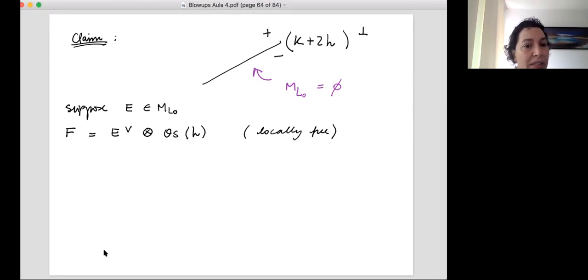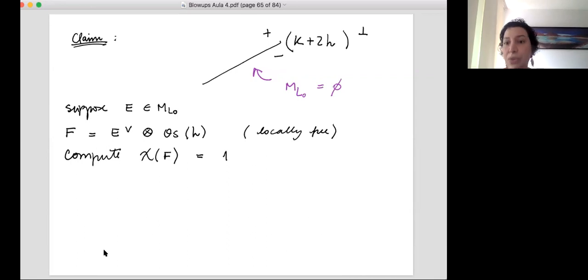Then let's consider this E dual tensor OH. This is always locally free, even if E is not locally free, because I took the dual. This is a reflexive sheaf, so it is locally free. And so using Riemann-Roch, you can compute the Euler characteristic of F.